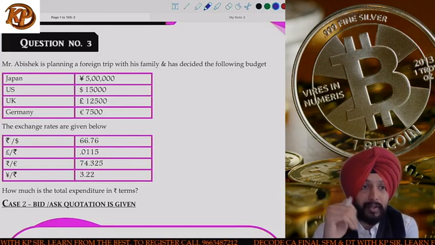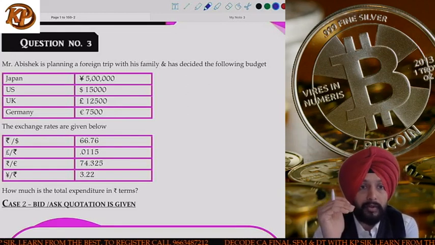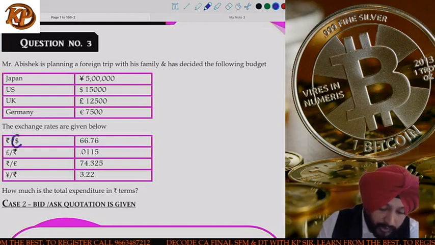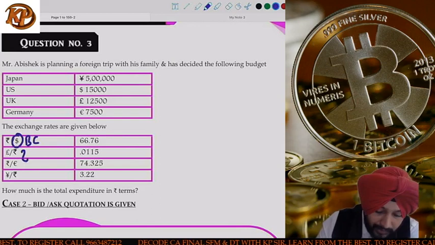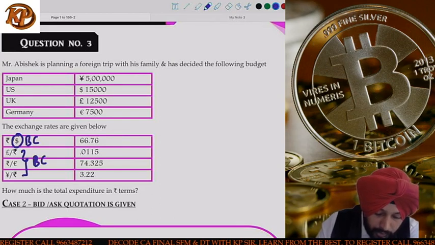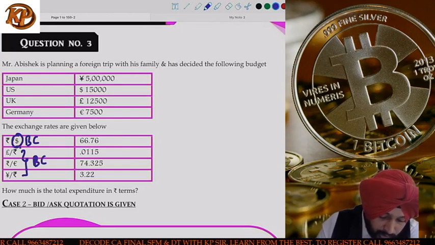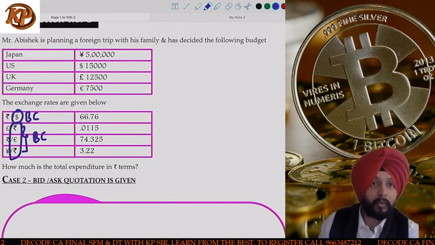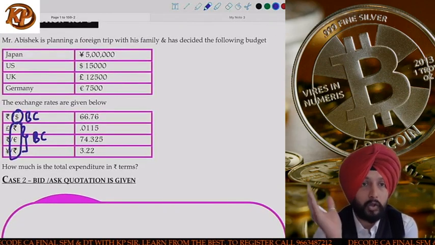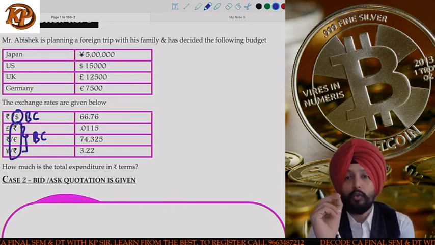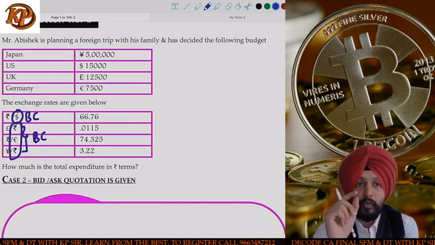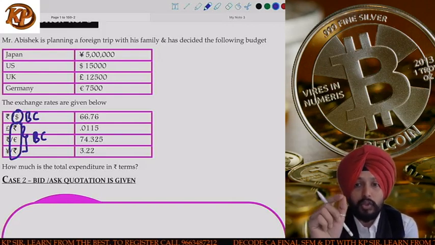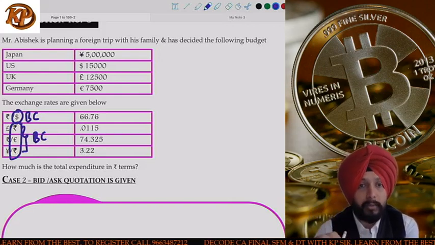The exchange rates are given below. Rupee per dollar 66.76. When you look at the first quotation, guys, you understand base currency is in the denominator. So even for the remaining quotations, these are your base currencies. Need not evaluate it too much, because once you understand that in one of the quotations your base currency is in the denominator, for rest of the quotations also base currency will be in the denominator.